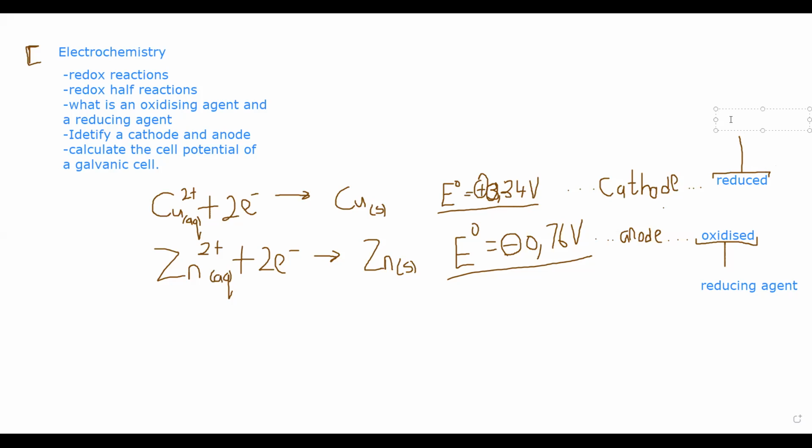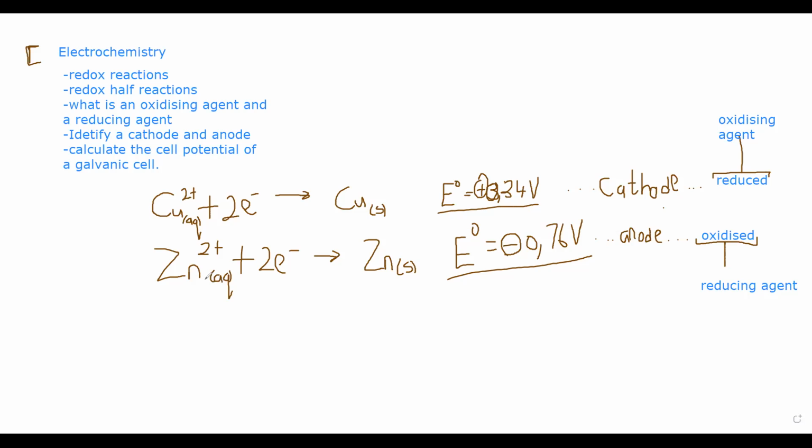Thus, our copper is going to be our oxidizing agent. So you just know that the cathode is the oxidizing agent and the anode is the reducing agent. The cathode is reduced and the anode is oxidized. So I think that's a more nice way of putting it. So do you understand it? Yes, sir.